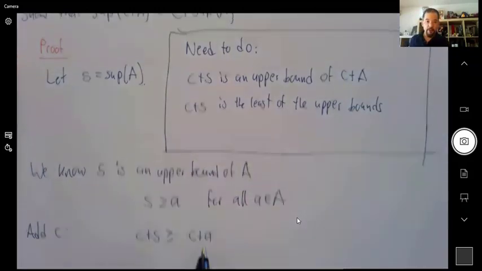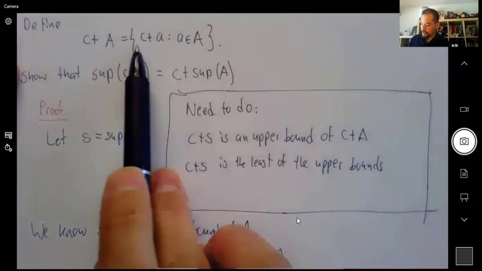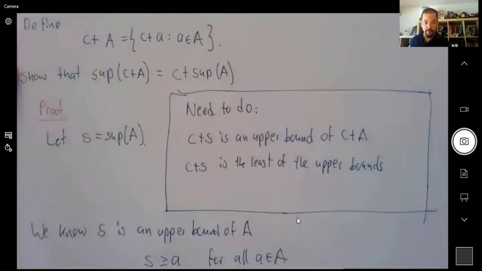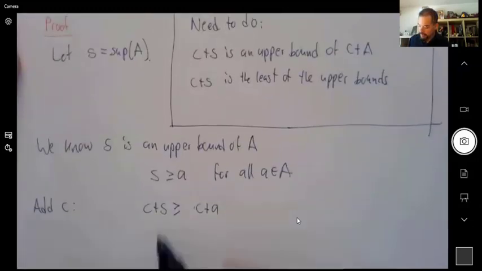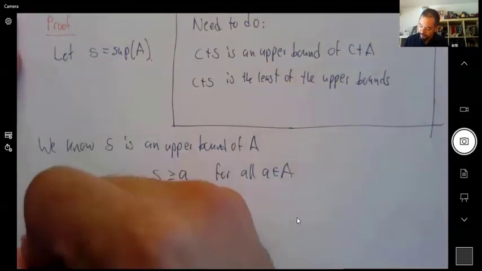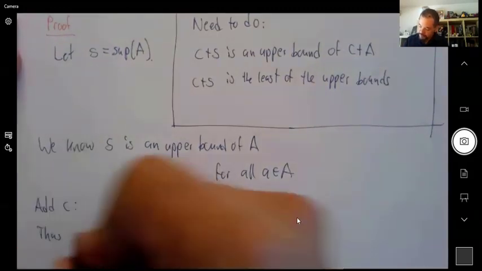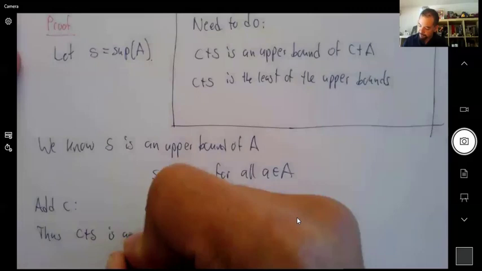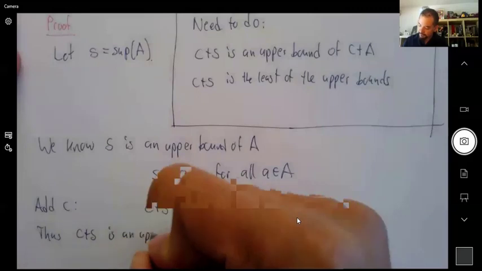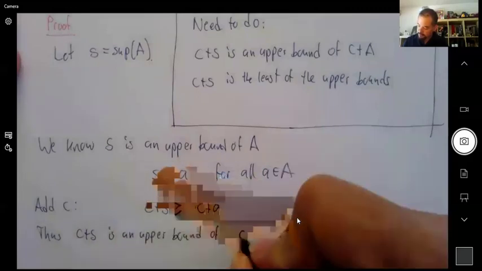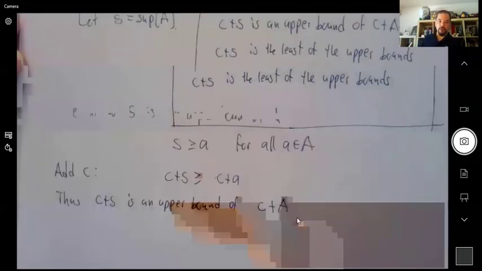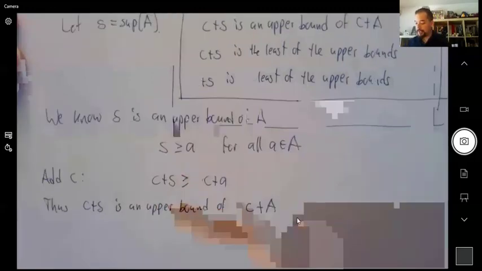So now all of these numbers C plus A are less than or equal to C plus S. So this establishes that C plus S is an upper bound of the set C plus capital A.